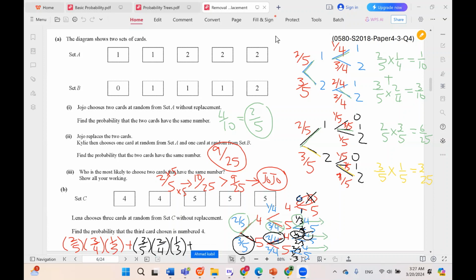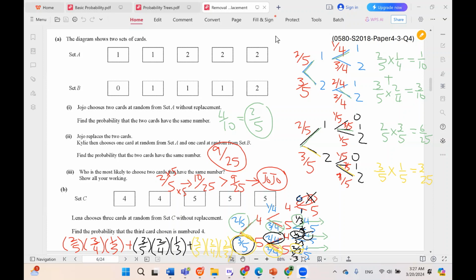And then finally, for the third scenario, she would have to pick a 5, followed by another 5, followed by a 4. So we have 3 over 5, 2 over 4, and 2 over 3. This would be the third scenario.